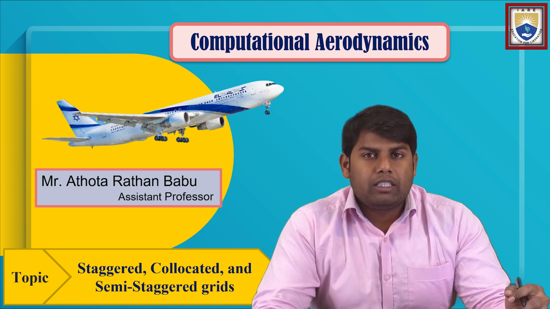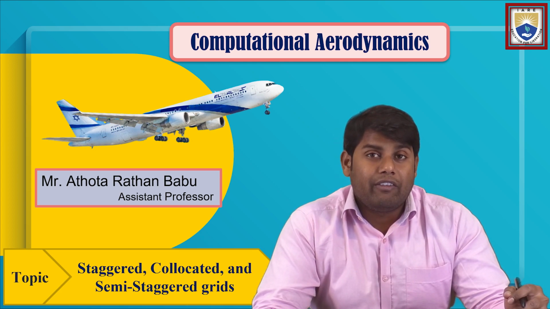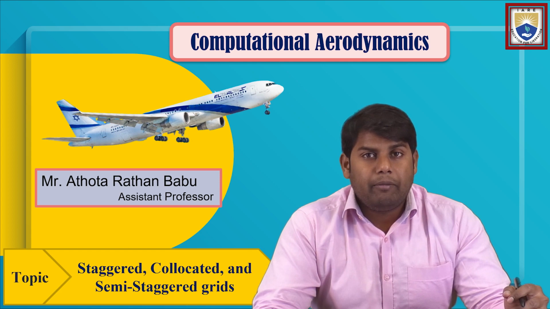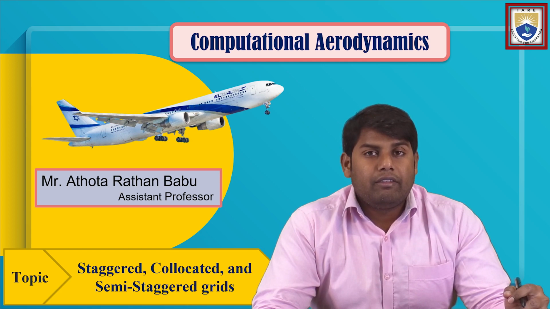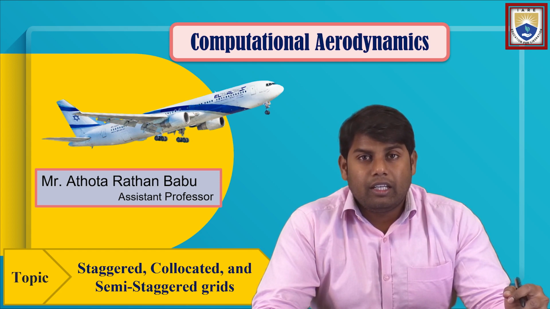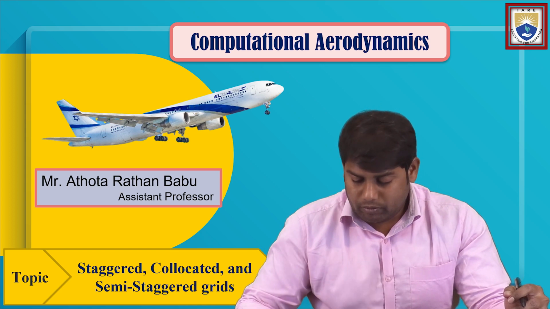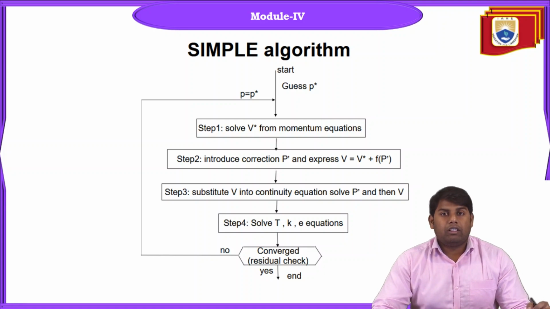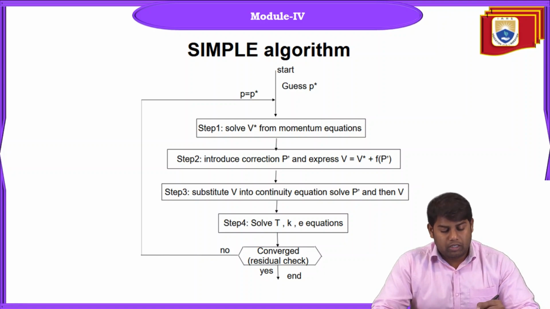Before that, let's recap the CFD techniques which are available and the algorithms that we have discussed. We will have a small recap and then we will get to know why we need that type of arrangement. We have seen the SIMPLE algorithm, where we start with a guess value of pressure.